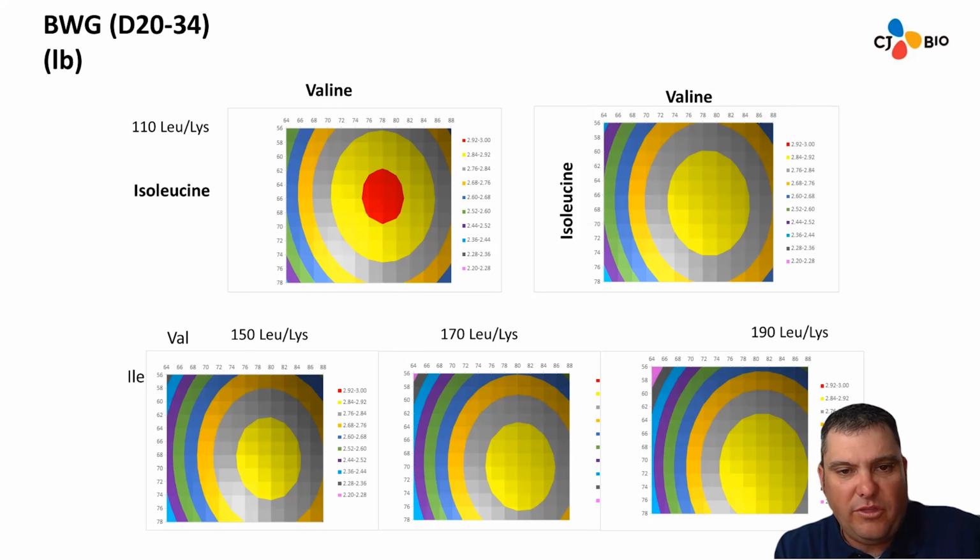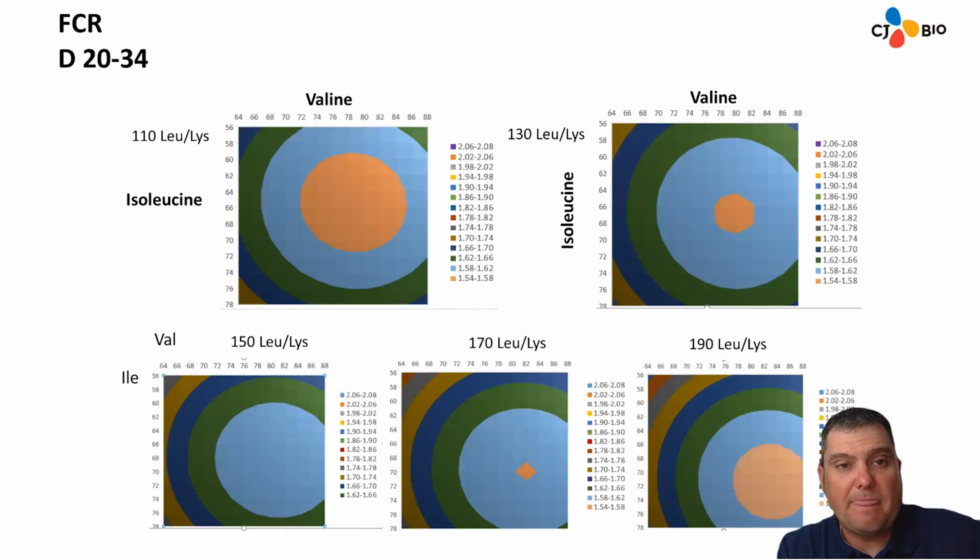And then as you go from 130 to 150 to 170 to 190, you see that the yellow circle shifts to the right and down, indicating that as we have more dietary leucine, we have to increase the amount of valine and isoleucine in order to have optimized performance of our broilers.